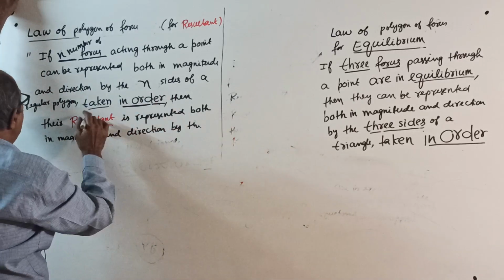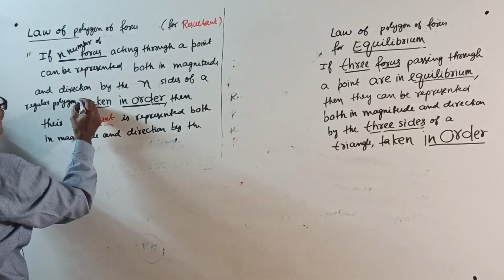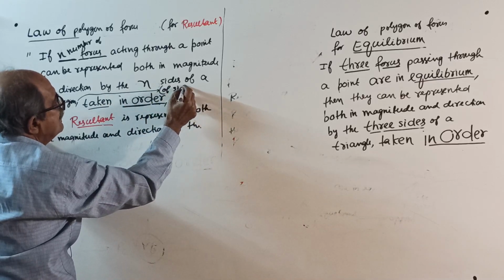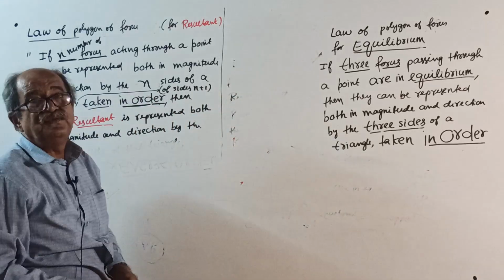N sides of a polygon, one extra you have to add here: a polygon of sides n plus 1. Why n plus 1? N forces, one resultant.